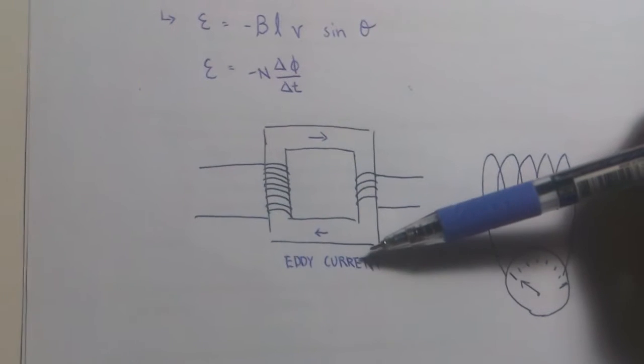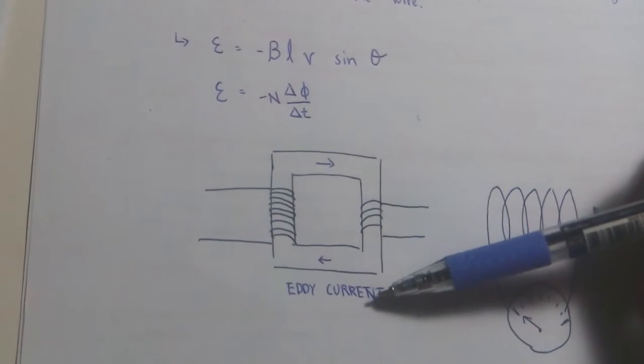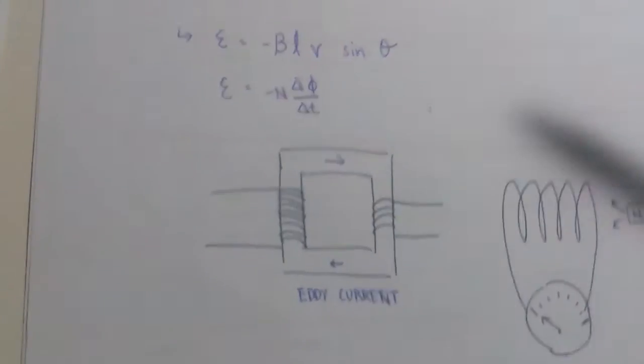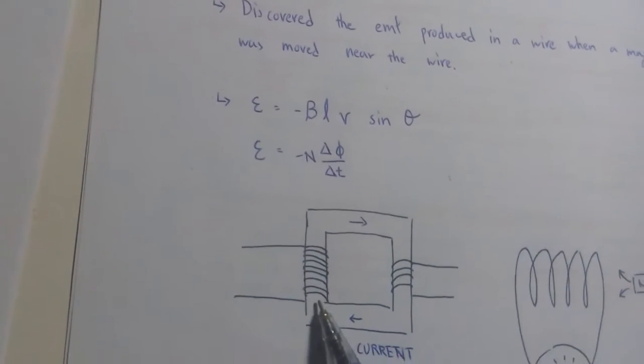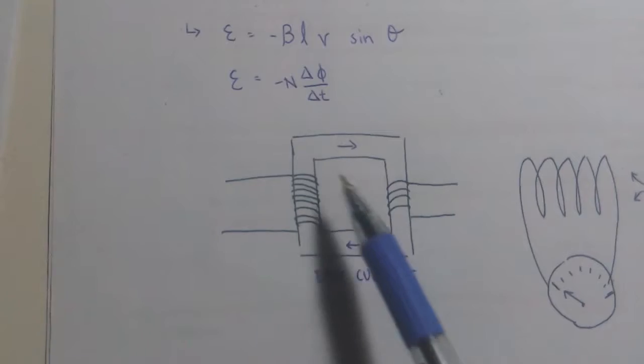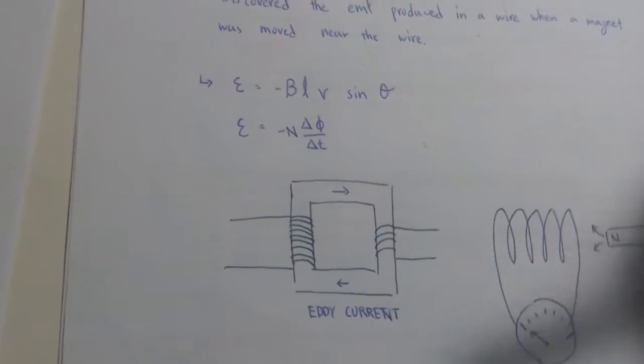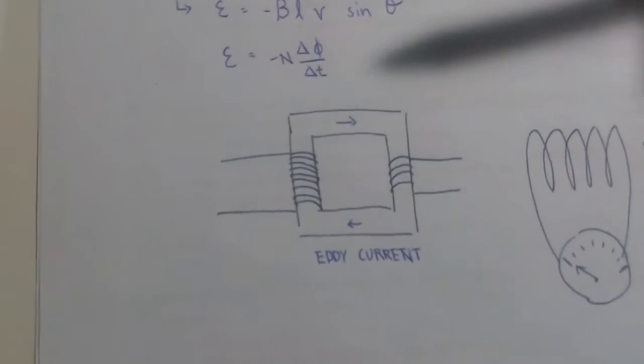This eddy current is explained by the law of conservation of energy: when the magnetic flux is flowing through, we have the eddy current, which opposes the magnetic flux.